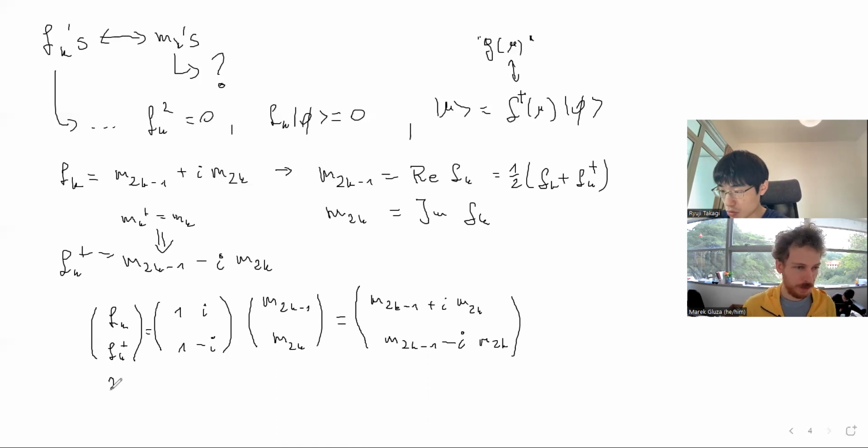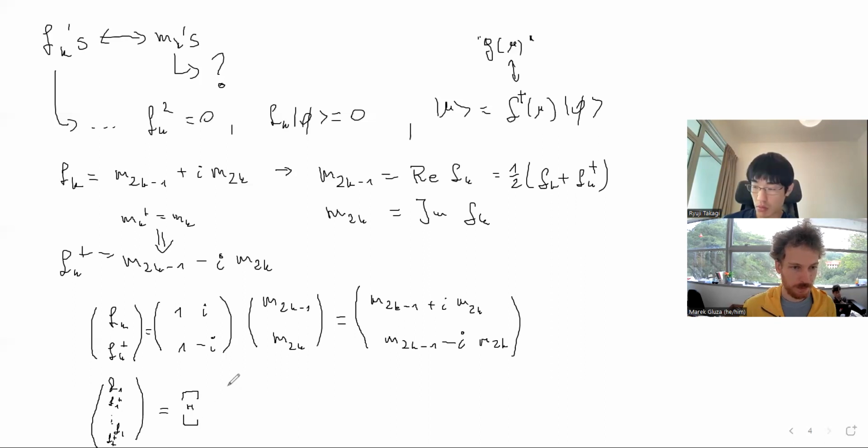So then we can generalize this F1 dagger all the way to FL dagger. And here I can write a big matrix. Let's call it big Xi. And this box takes from M1 until M2L, just lined up.